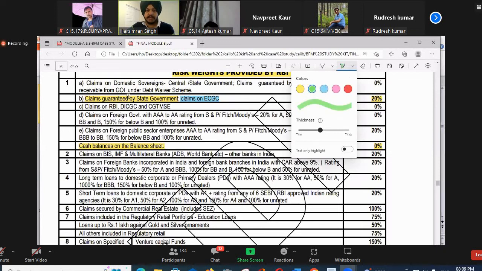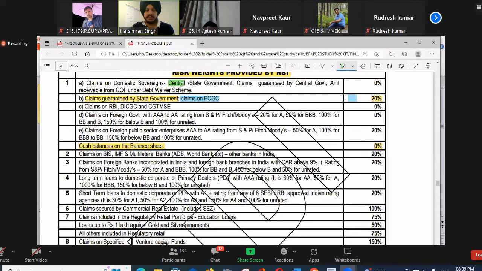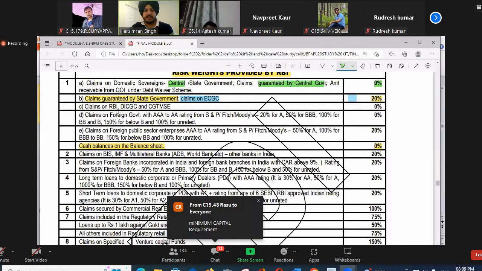Any claim which is guaranteed by central government, there is no risk. State government 20%, ECGC 20%. Claims on RBI or DICGC or CGTMSE, there is no risk, 0.